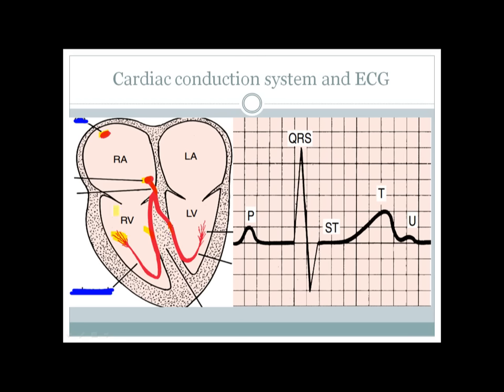The generator starts up here at the top, in the SA node, which is also known as the pacemaker of the heart. This generator creates the electrical activity that travels through the atrial muscles and also the internal pathways to the AV node, and then it travels through the bundle of His, the bundle branches and the Purkinje fibers to activate the ventricular muscles.